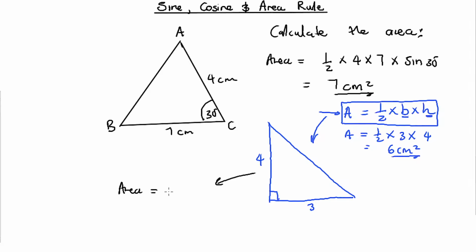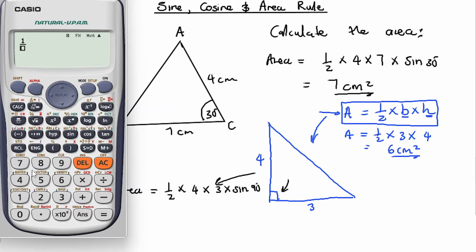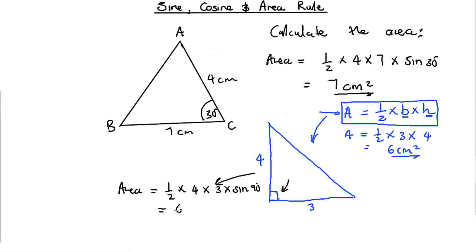Area is equal to half of 4 multiplied by 3 multiplied by the sine of the given angle. The given angle in this case is 90 degrees. When I punch this, a half multiplying a 4 multiplying a 3 multiplying a sine 90 degrees, it gives me 6 centimeter squared.